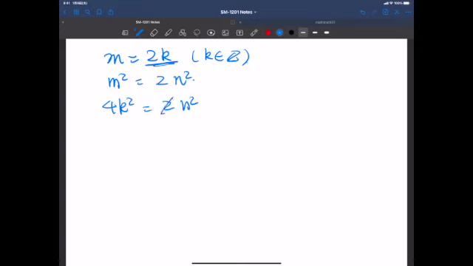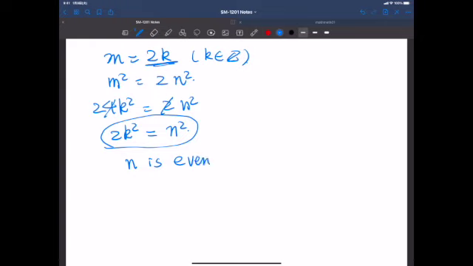But we can divide by 2 both sides, and we have 2k squared equals n squared. Okay? Then, by the same argument as before, we can derive that n is even. So that means n is expressed as 2 times something.